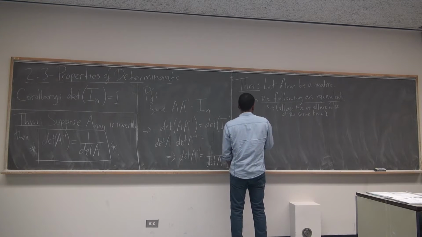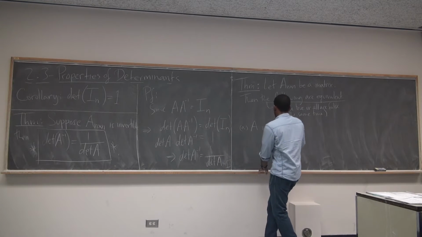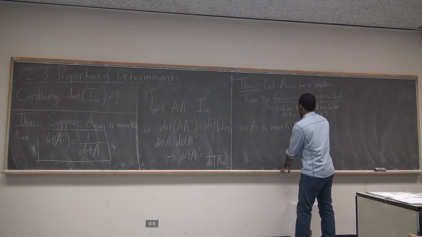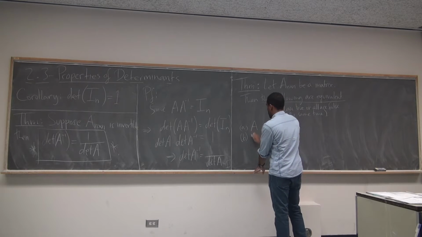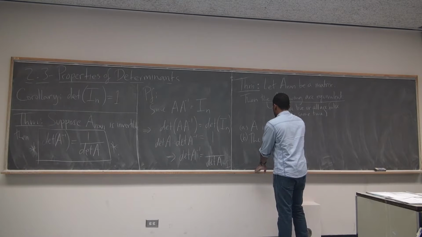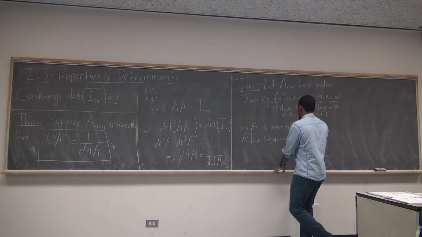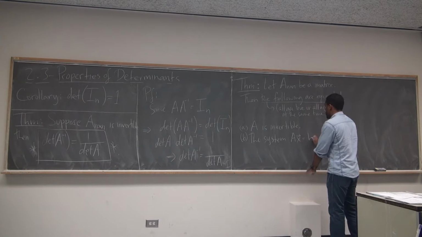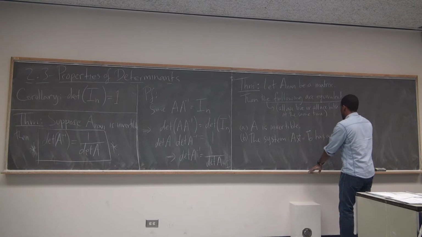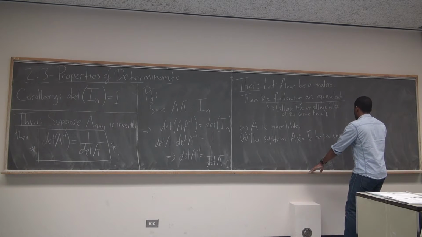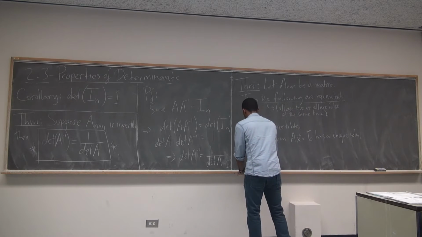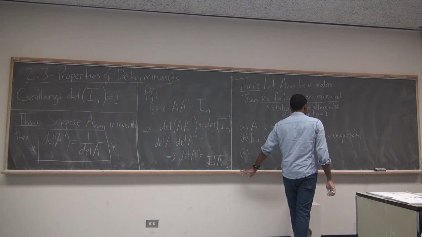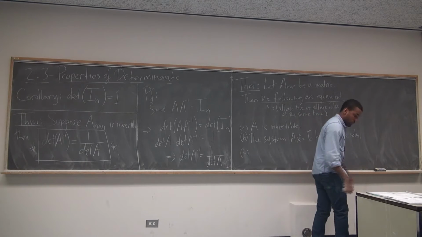A. A is invertible. B. The system AX equals B has a unique solution. C, I'm leaving out the elementary matrices one.